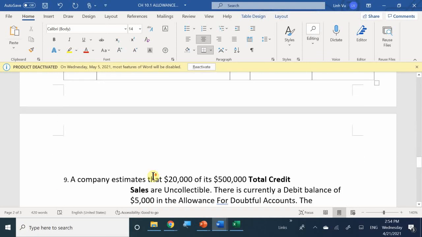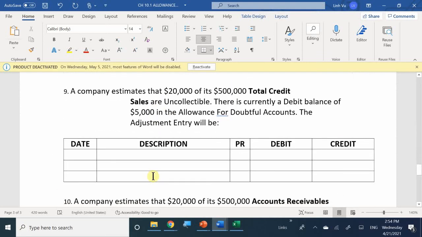All right, so then question number 9. If a company estimates that 20,000 of its 500,000 total credit sales is to be uncollectible, and there's currently a debit balance of $5,000 in the allowance for doubtful accounts, how would you adjust this?